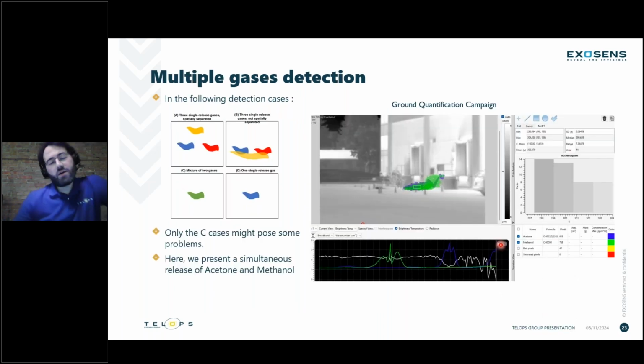Now, when we're talking about multiple gases, there are a few scenarios that the algorithm can take care of. A simpler scenario is a gas emission that is very far away from one another. So you have sources that are very far away, and there's no mixture or two-dimensional mixture of the gases in your image.